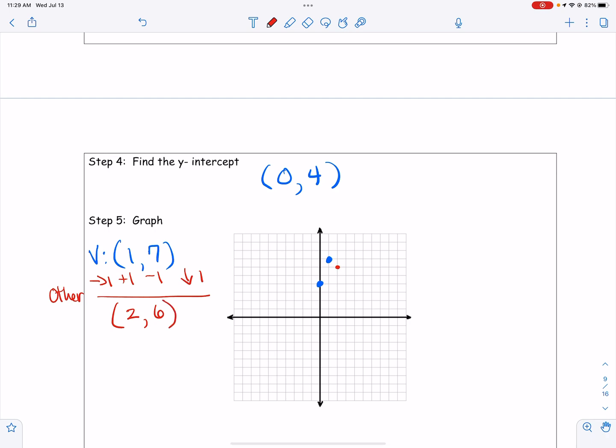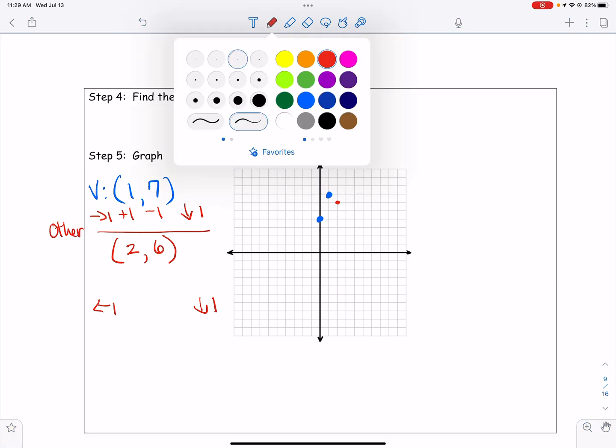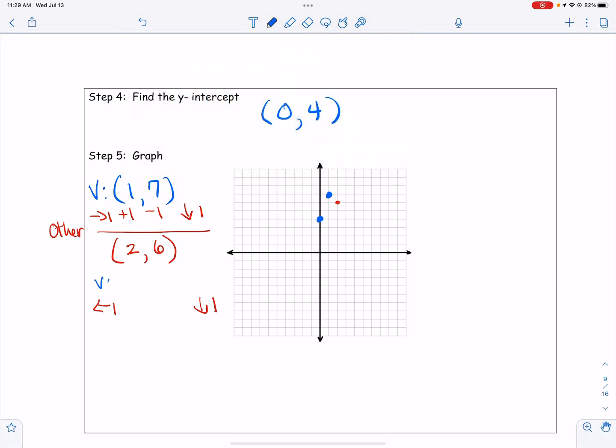And then I could go left 1 and down 1. So from the vertex (1, 7), if I went left 1, I would be at 0.